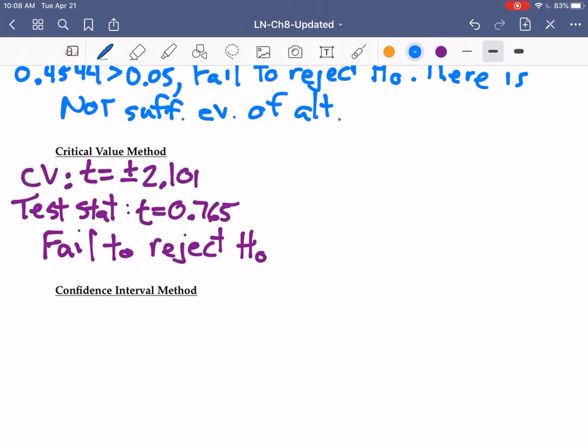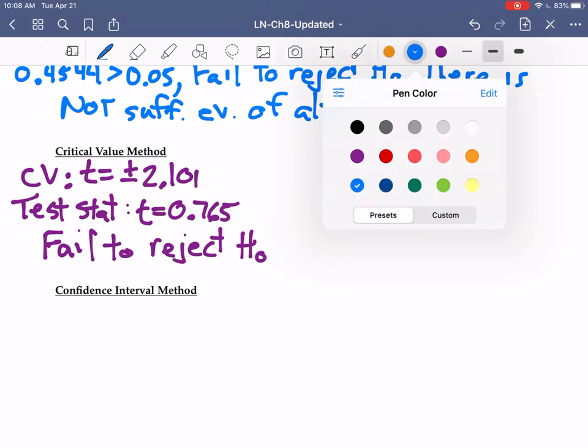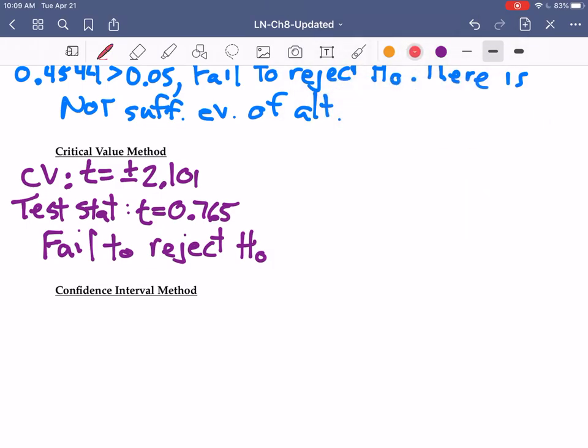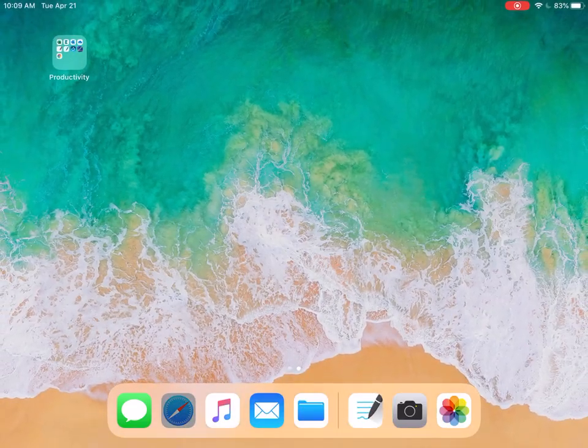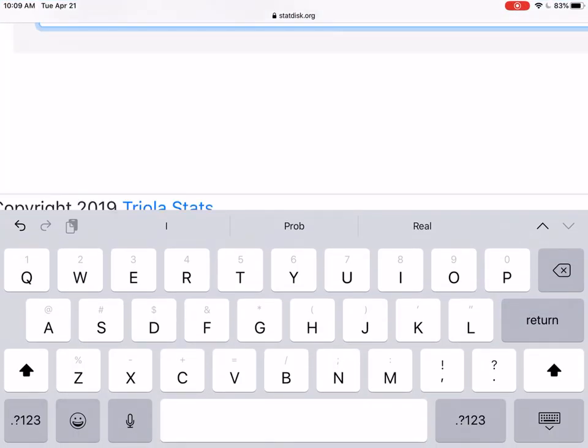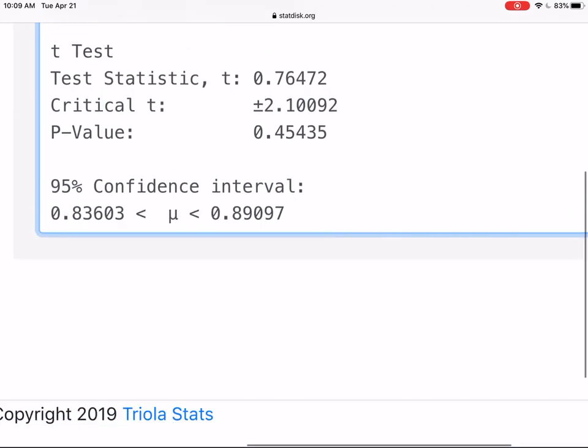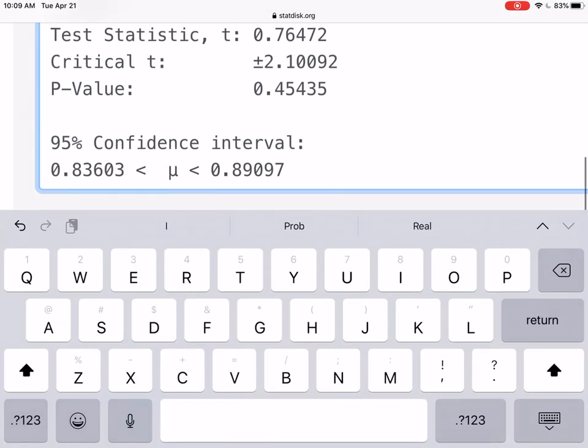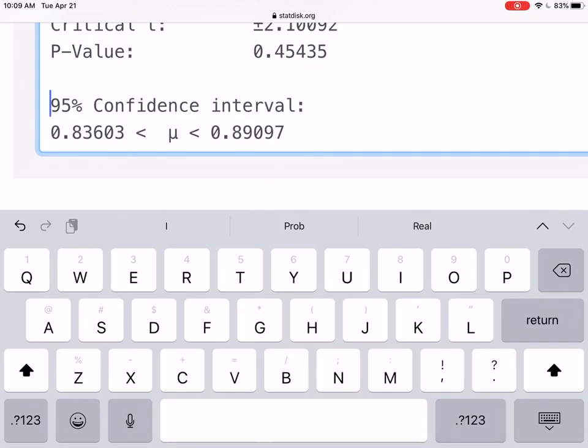Finally, we could go through all of this again with a confidence interval method. They give us a 95% confidence interval, 0.836 to 0.891.